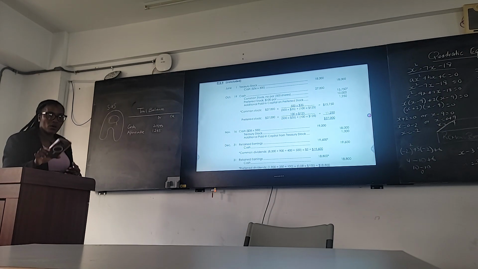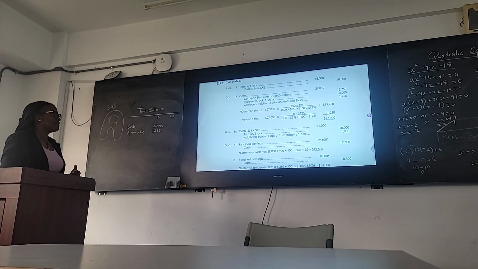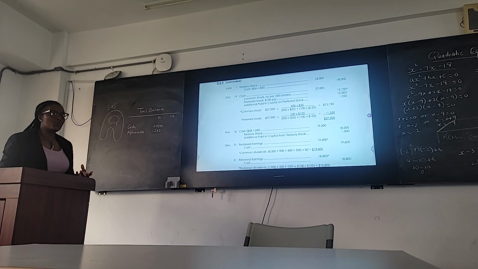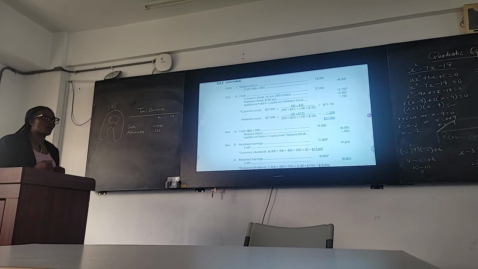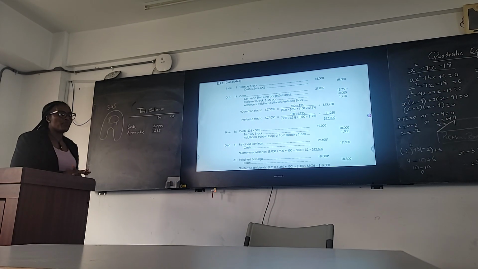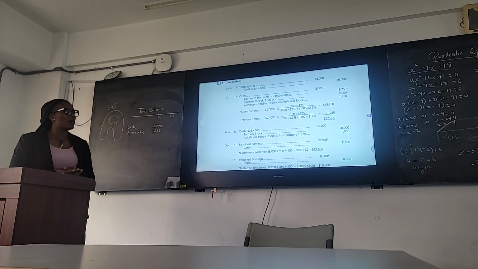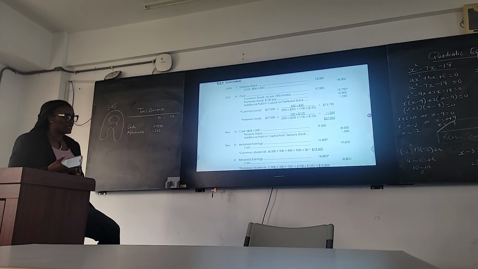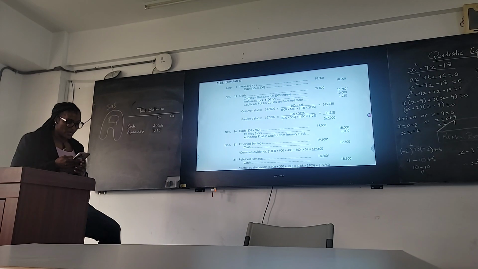They are being reacquired for 36, 500 times 36 gives us 18,000. When it's the cost method and you're reacquiring stock, that amount goes to a debit to treasury stock, 18,000. And you credit cash for the amount that you paid out, which is the same 18,000.